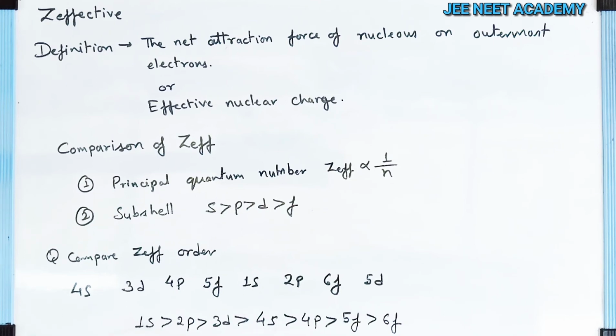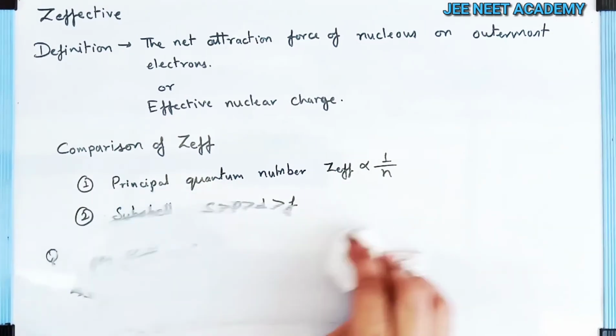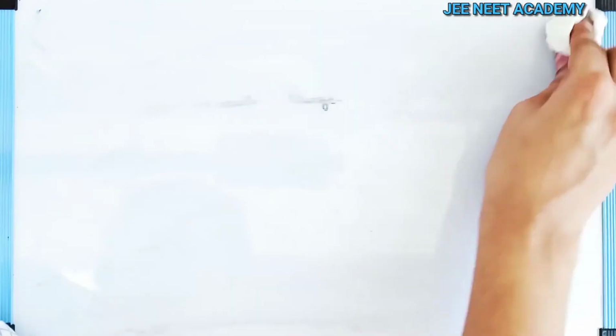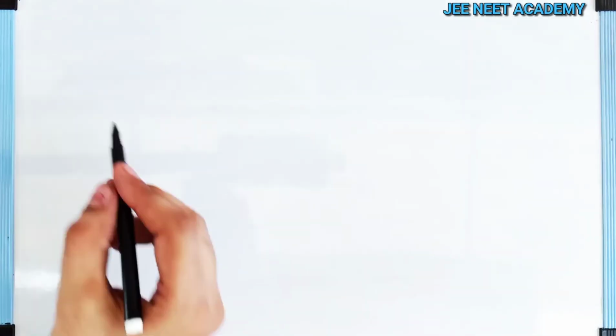Now we will see the Z effective in a period.